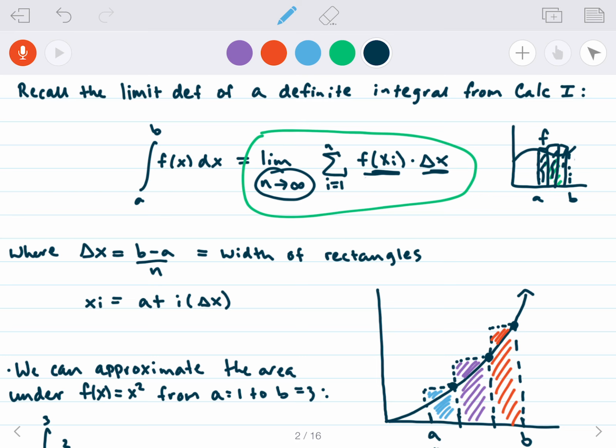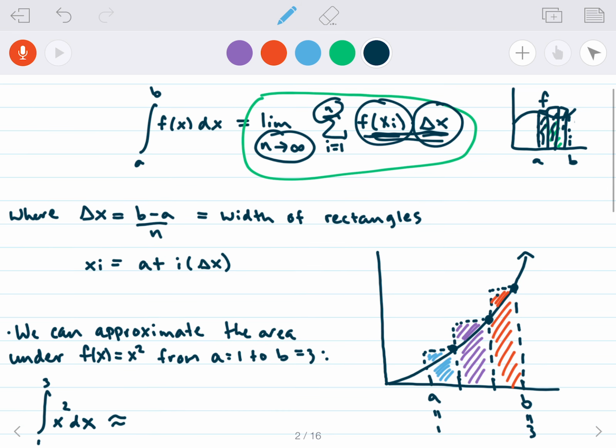And xi depends on if you're choosing to evaluate at the right endpoint or the left endpoint or perhaps the midpoint. But the point is that you're just adding up a bunch of rectangle areas, height of the rectangle times width of the rectangle. And when we let n go to infinity, these rectangles get super, super skinny, and the area approximation gets better and better.